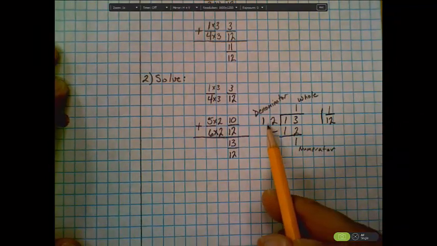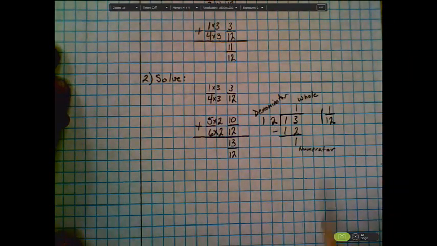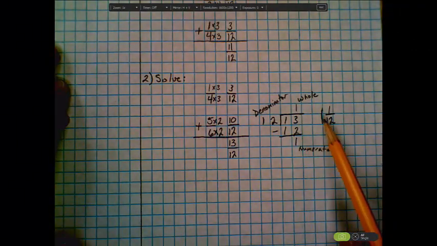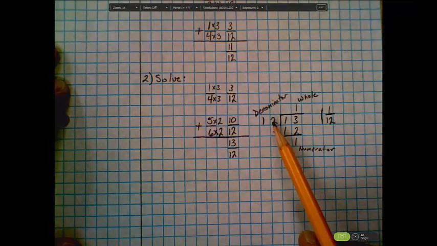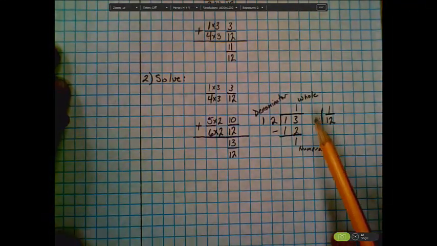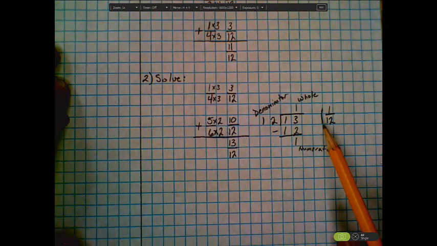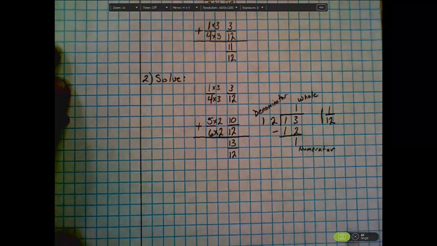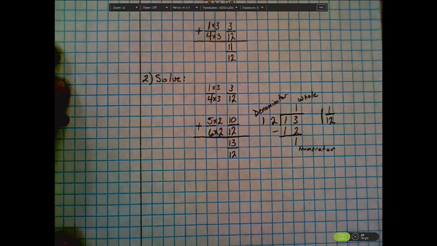And we get that from the divisor in our division problem. So we get a 1 from here, we get a 1 from the numerator, and then the denominator comes from the divisor. And so 13/12 has the same value as 1 and 1/12. And so this is our final answer. We can't simplify 1/12. That's as simple as it's going to get. And so our final answer is 1 and 1/12.